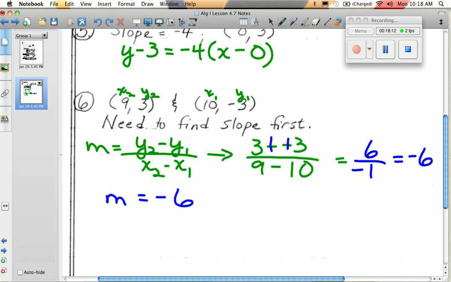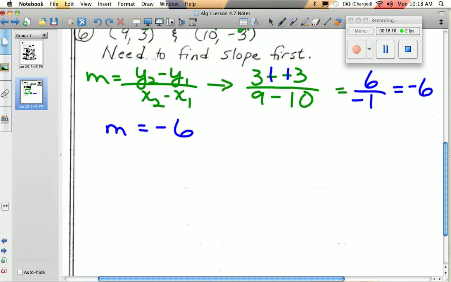Now, in our notes, let's practice writing both of them. In other words, showing that there are really 2 point slope form names we can give this equation. We can work with when m is negative 6, and we can use ordered pair 9, 3 to write an equation in point slope form.